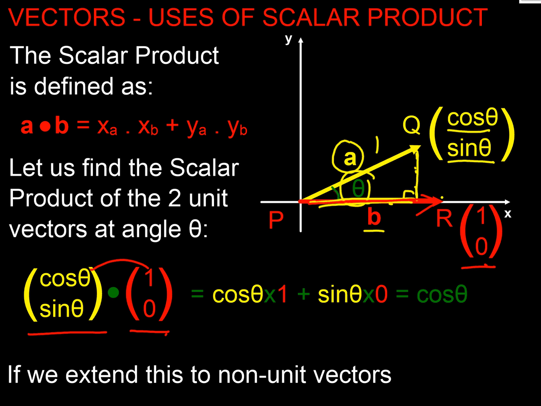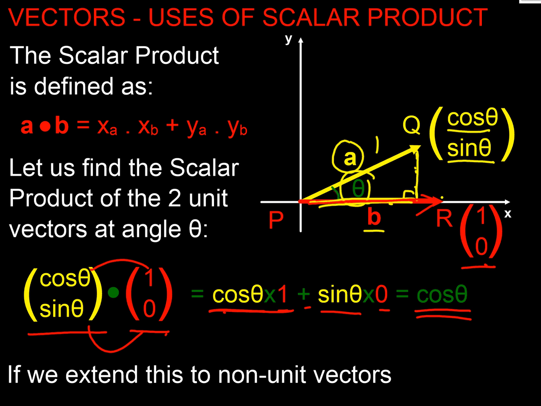So I multiply my x values, so I get cos theta times 1, and then I multiply my y components together. That's sine theta times 0. And of course I'm going to add them. Sine theta times 0 is 0, and so I'm just left with my first term, cos theta times 1, which is cos theta, which is extremely useful because if I was multiplying two unit vectors together, then my dot product would actually be the cos of the angle.